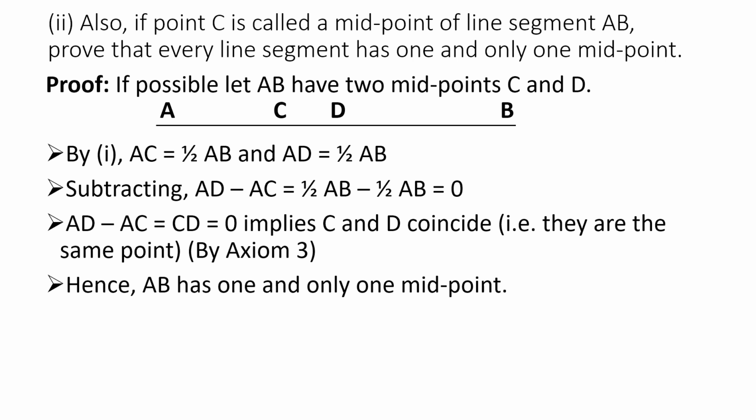Now subtracting AC from AD, you get half AB minus half AB, which is 0. That means AD minus AC is 0. But what is AD minus AC? It is CD. CD is equal to 0. Implies that C and D are the same points. Hence AB has one and only one midpoint.